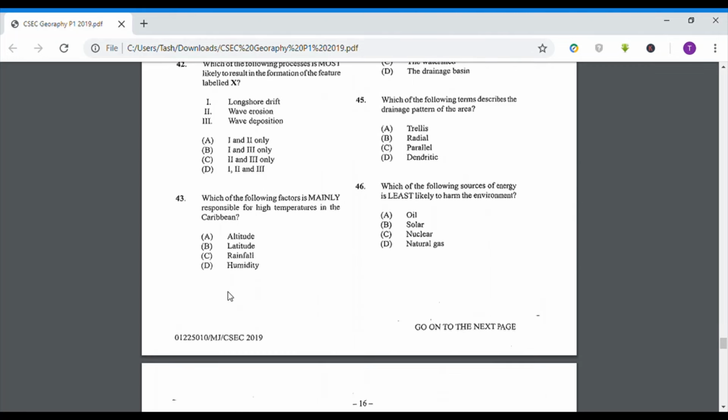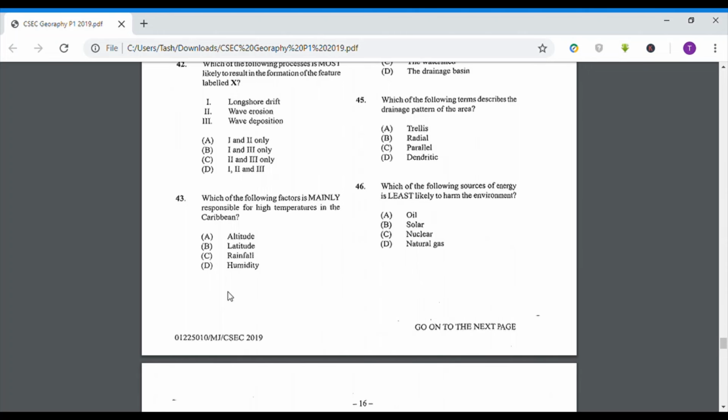For 43, which of the following factors is mainly responsible for high temperatures in the Caribbean? High temperatures in the Caribbean, mainly responsible would have been latitude, which is basically talking about our location in relation to the equator and the amount of sunlight that we would be getting.